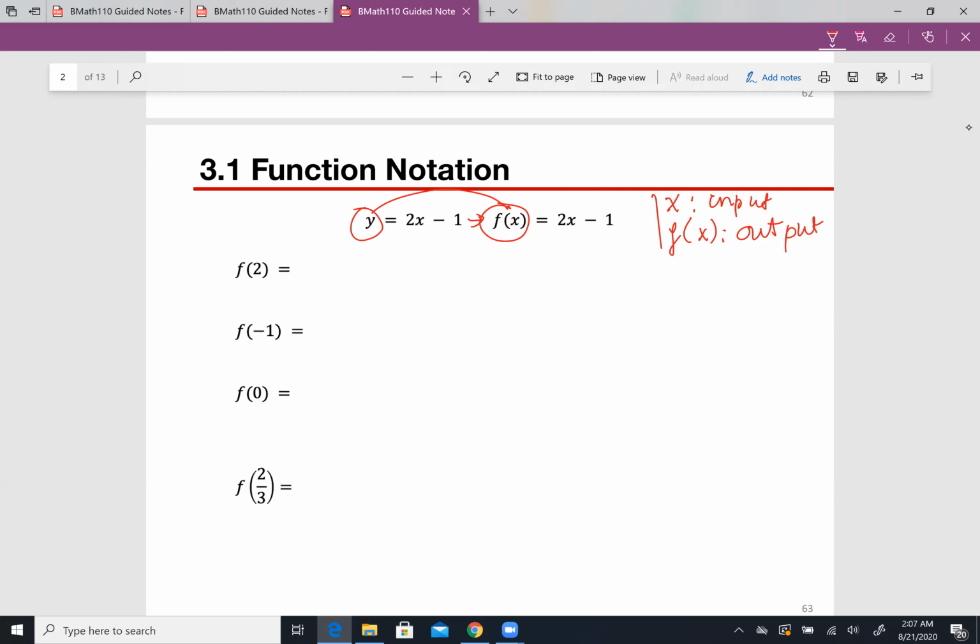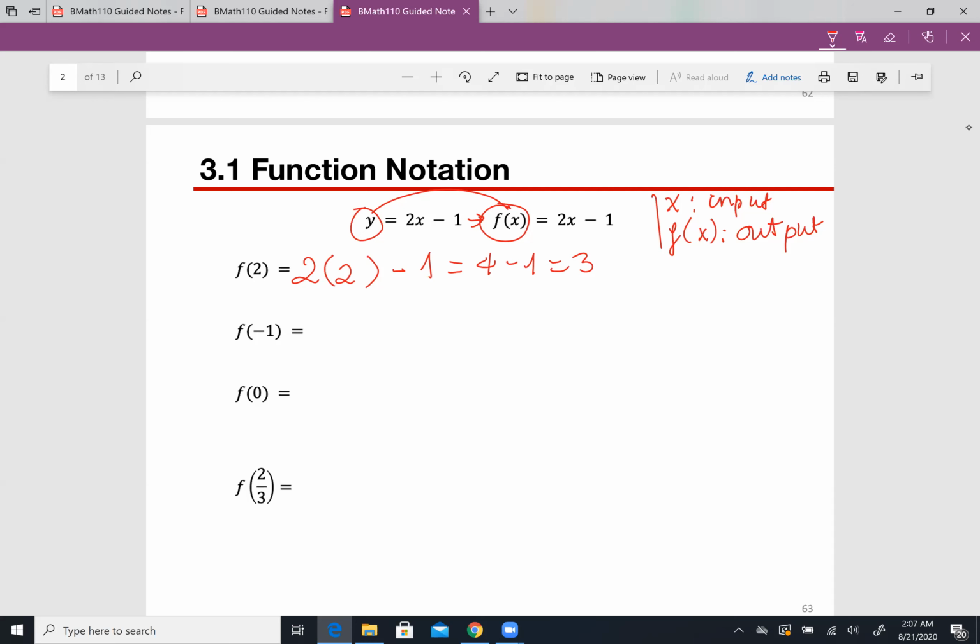Okay. So let's do some evaluation for this function. This is f of 2. What does that mean? That means in this case, the input equals 2. So I have 2 times input minus 1. Input now is 2, so I plug it in here, and I get 2 times 2 is 4, 4 minus 1 equals 3.